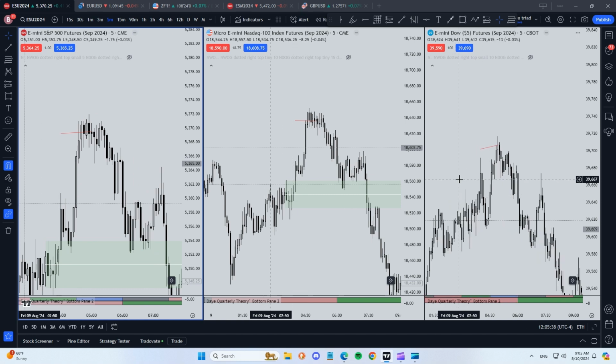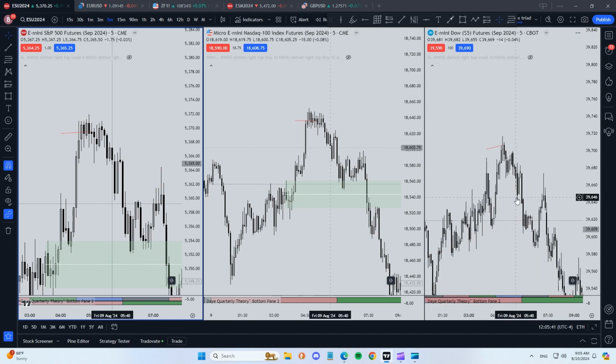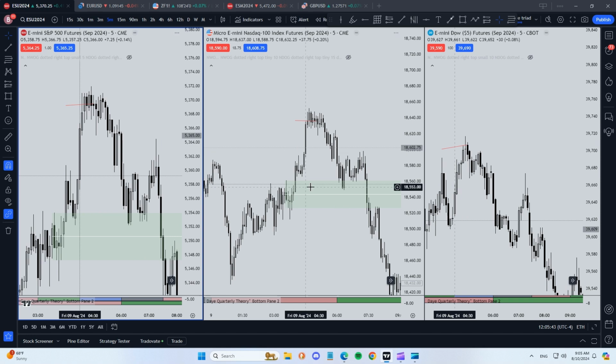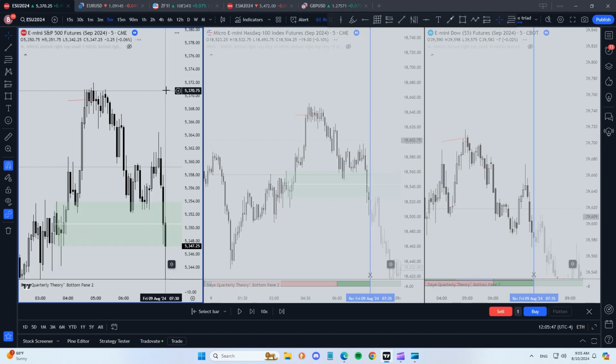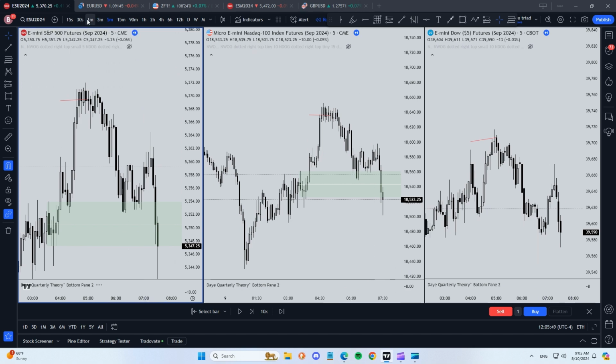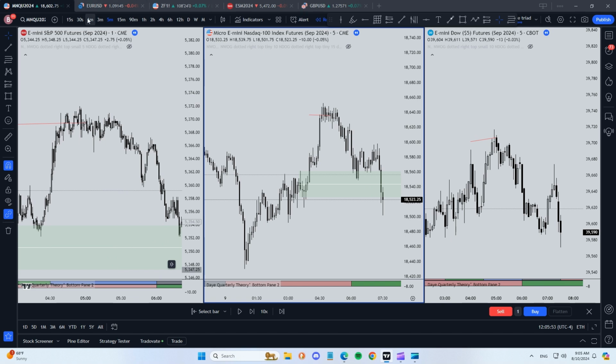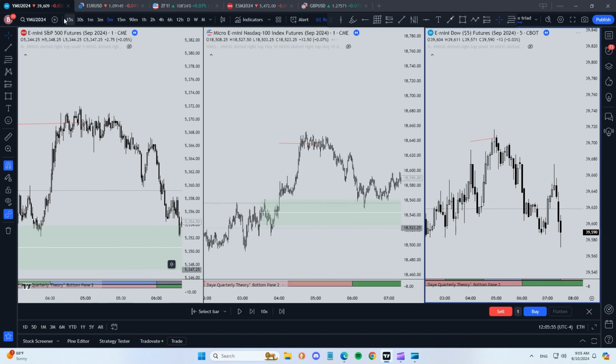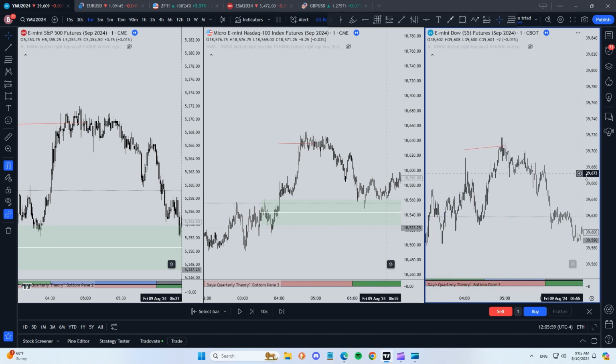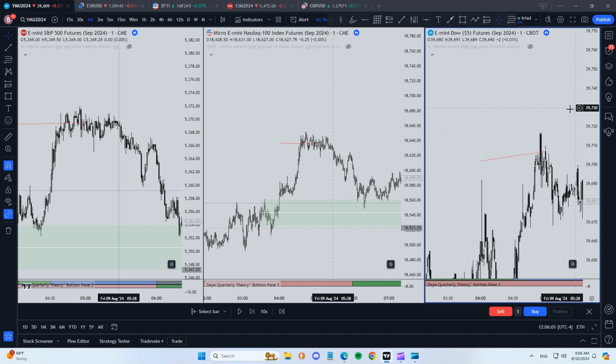Nothing here that I see. Nothing, nothing. No SMT anywhere here. All clear. Gonna go down to 1 minute. Maybe we had a microcycle. As you can tell, this is very low probability, but we're still reviewing it just to see the potential opportunities that this day could have brought.